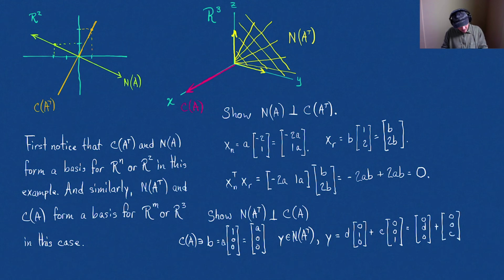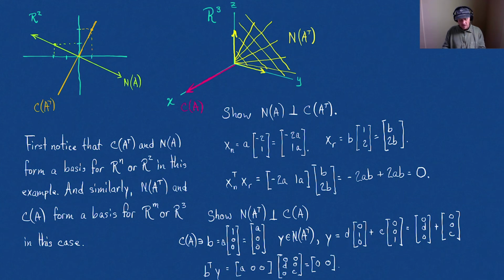This says that b transposed y, so this is b transpose, a, 0, 0, times y. I have two vectors: the vector 0, d, 0 and the vector 0, 0, c. And you can quickly see that a times 0 is 0 plus 0 times d plus 0 times 0. This is going to give me 0, and the second vector gives 0 as well.